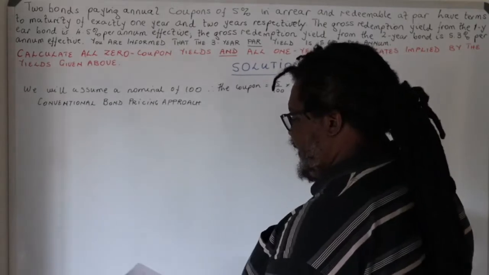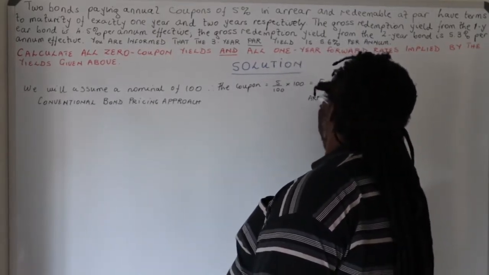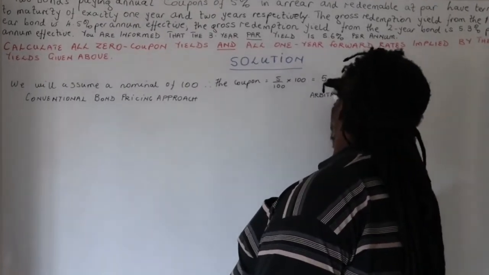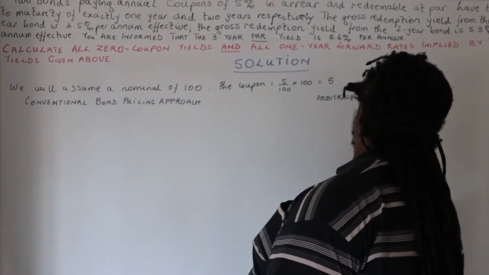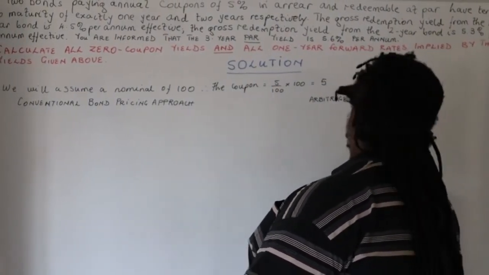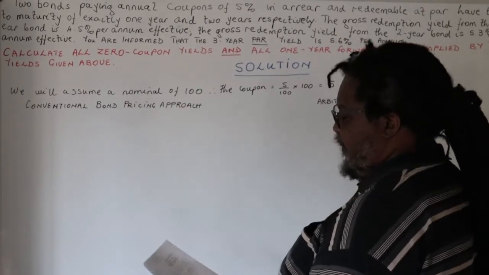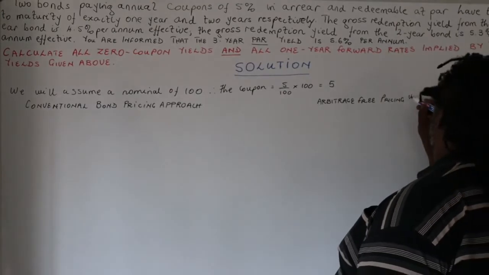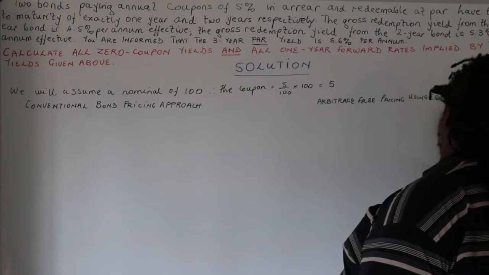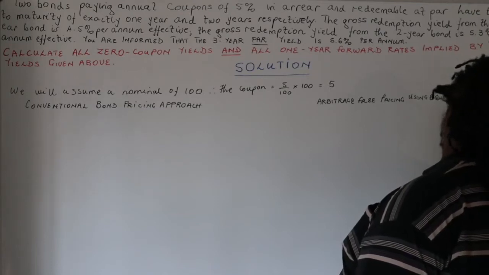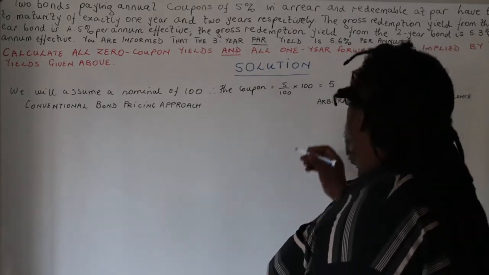and here we will be looking at the arbitrage free pricing using equivalence of zero coupon bonds.